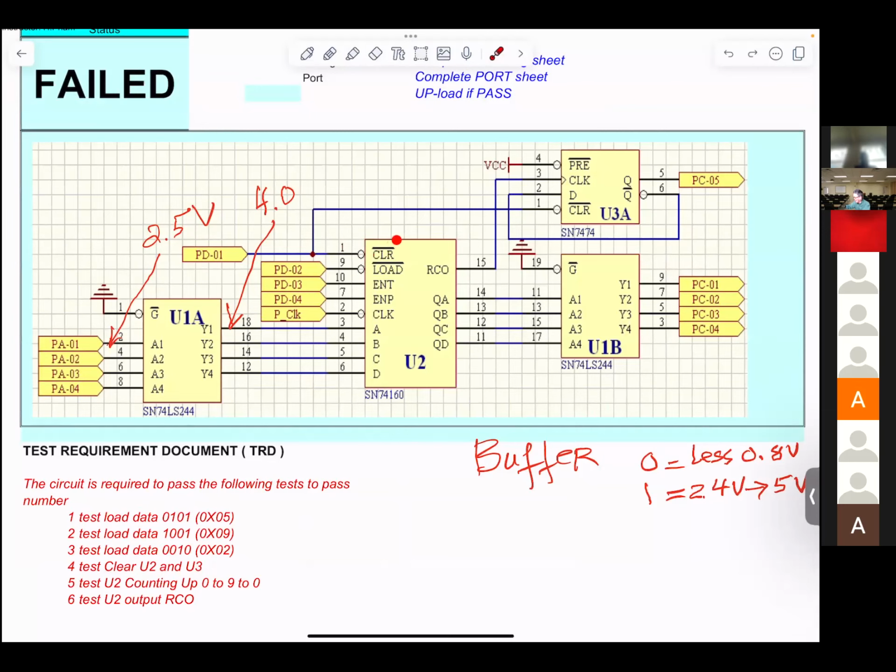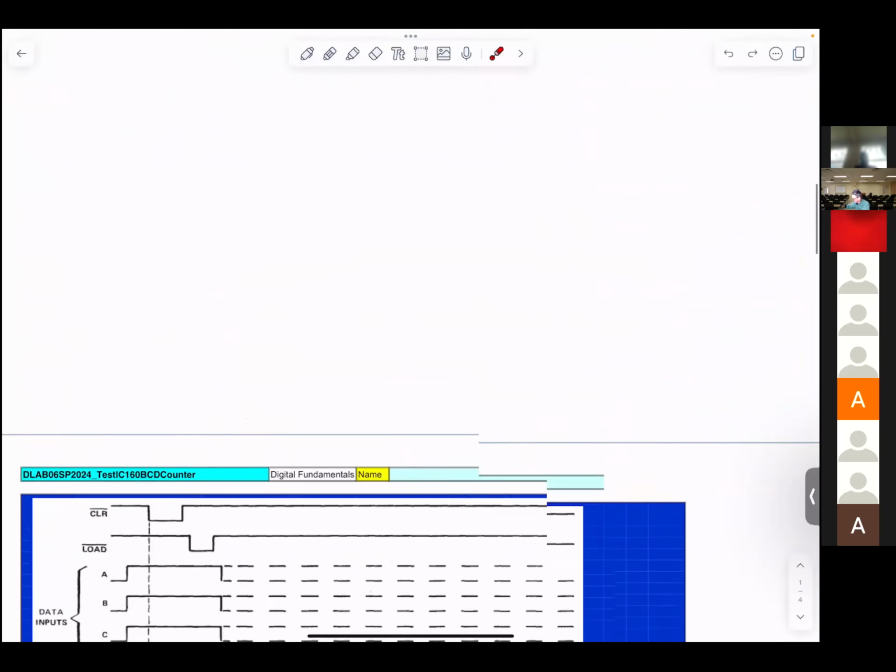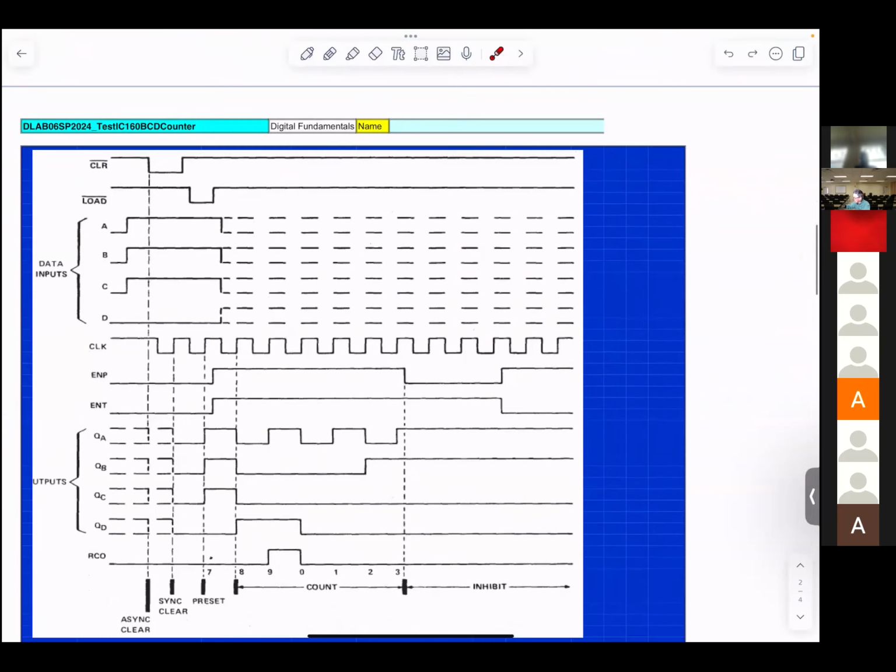You see the bar over it and the bubble here. Active low. What does that mean? That's telling you if you want to clear the output of the counter, it must be low. When it is low, it will clear the output of the counter to be 0.